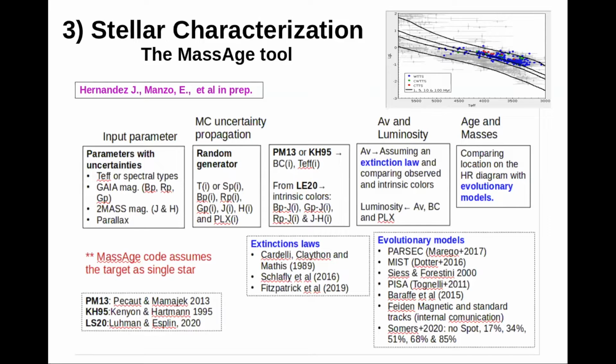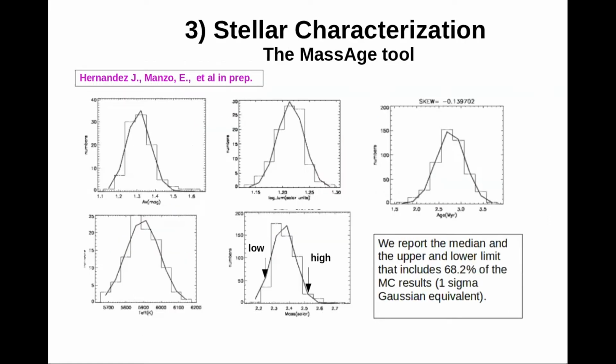Here, I show you an example of the distribution of possible results for one star. From these distributions, we can estimate the most probable value and its uncertainty, in the sense that we can estimate the visual extinction, the luminosity, stellar age, and stellar masses with its uncertainties.